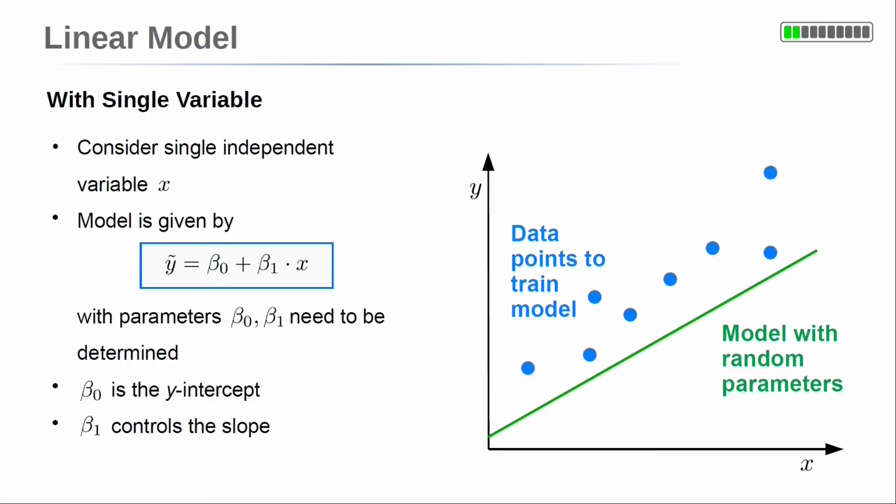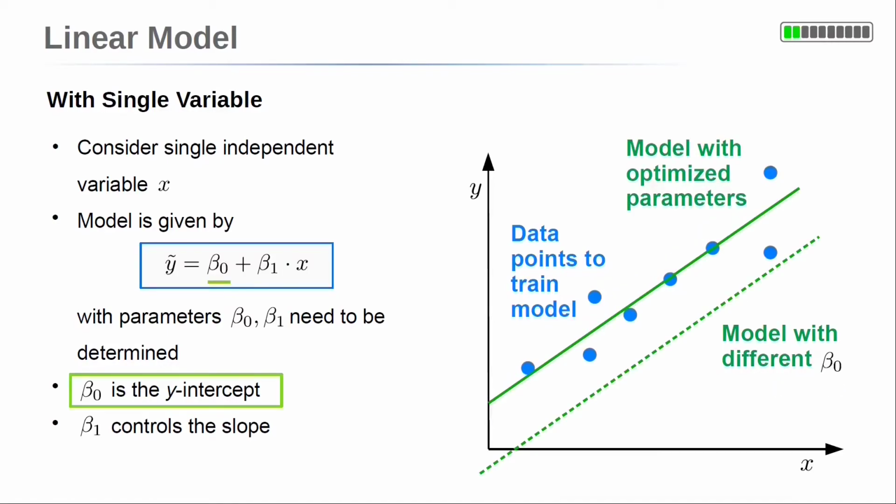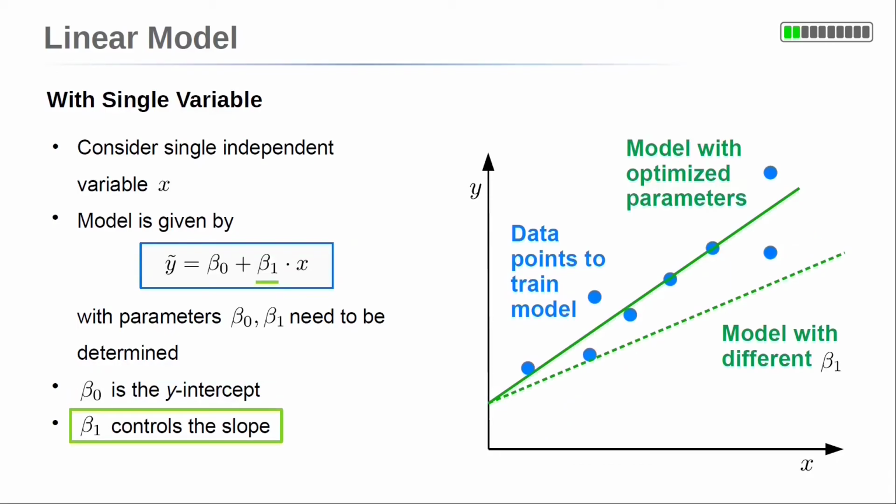They are determined by fitting the model to training data. Geometrically, the parameter beta 0 is the y-intercept of the model's straight line. The parameter beta 1 controls the slope of the line.